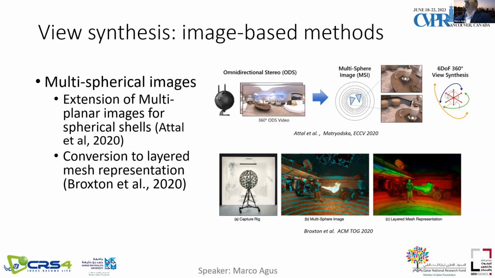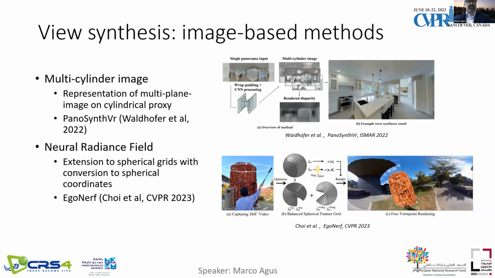In this way, they can provide immersive exploration of this scene, but at the cost of a very complicated setup for acquiring images or using videos and so on. So these solutions are effective, but they need a lot of data, and they need a complicated setup for the acquisition of the images.